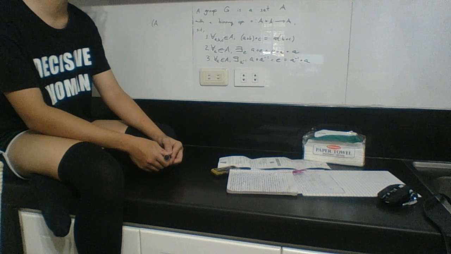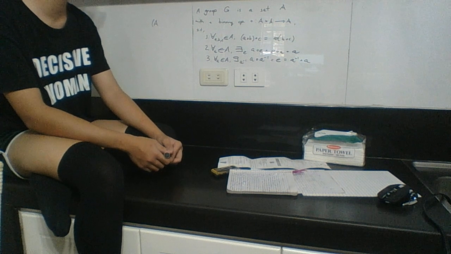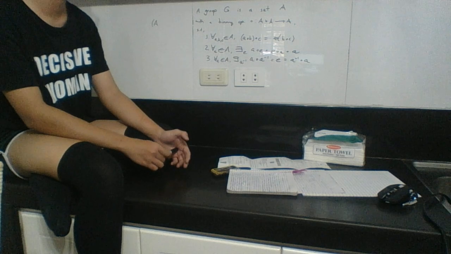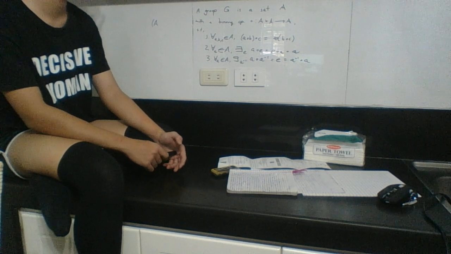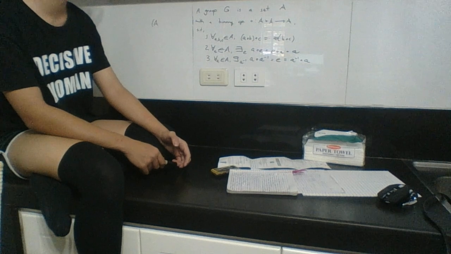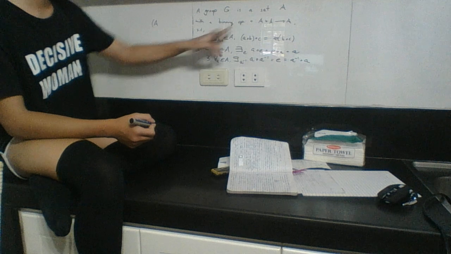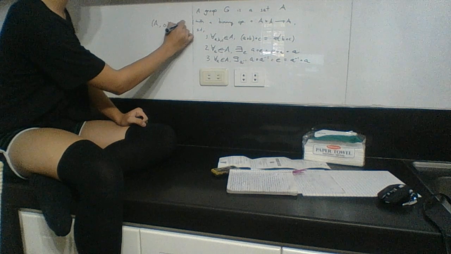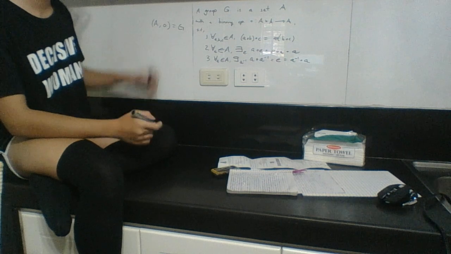What the people inside it can do amongst each other. They can interchange, mingle around, stuff like that. So we can think of this operator as a rule instead of a machine. We say that A with this operation circ is G. So this is a notation here.